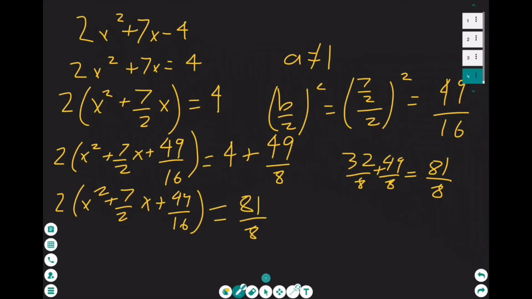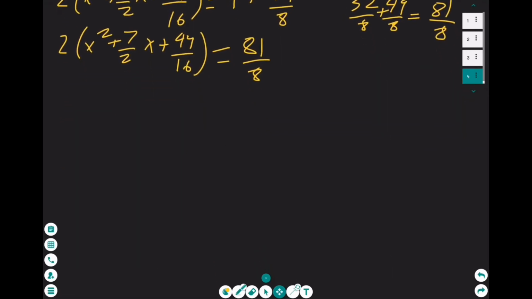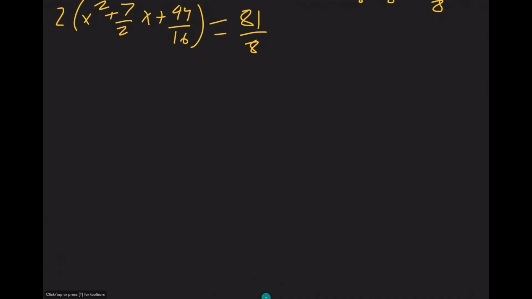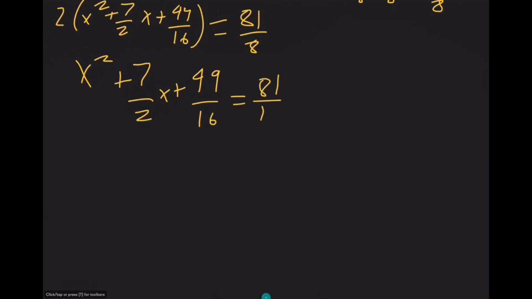Alright, let me get some more space. Okay, so now we're going to divide by 2 on both sides. So then we're going to get x squared plus 7 over 2x plus 49 over 16 equals 81 over 16.